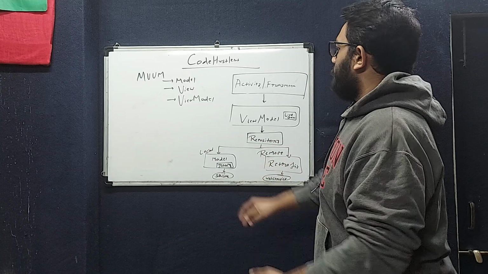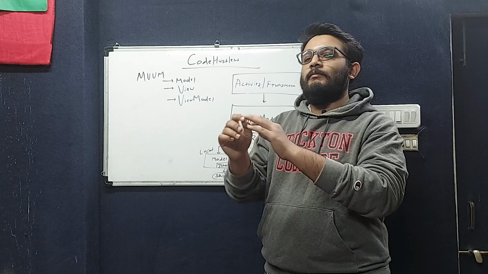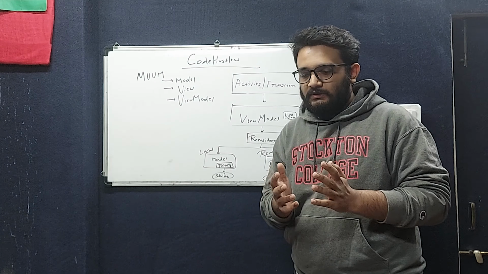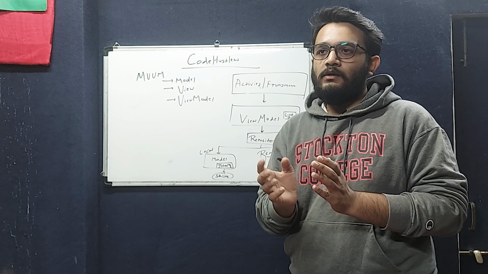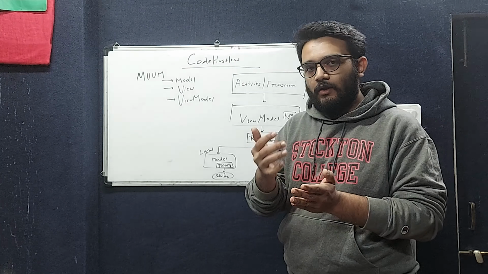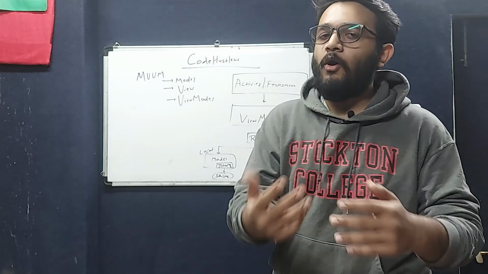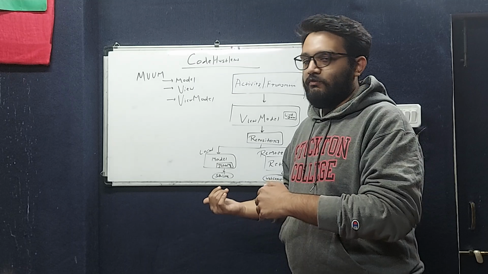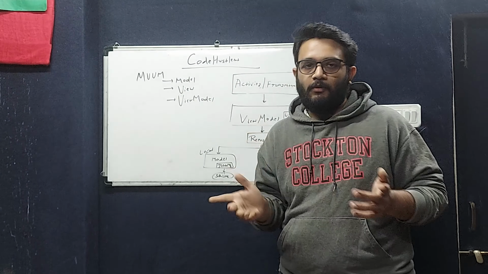Now, what is the ViewModel class and why is the ViewModel architecture component needed? Whenever you use any Android app and rotate your phone, it creates the activity again. You must have heard about the activity lifecycle; I might create another video for that, but I'll explain a bit about it.